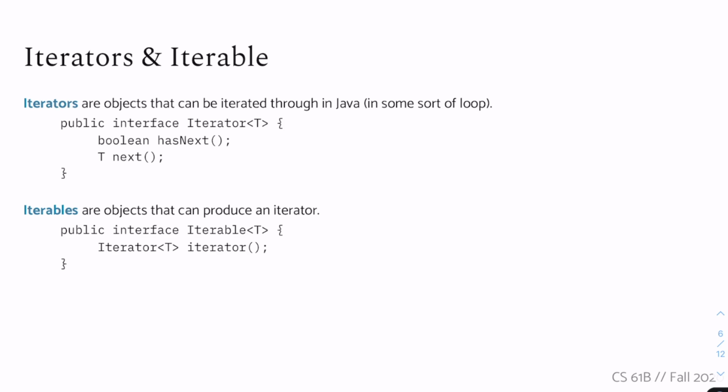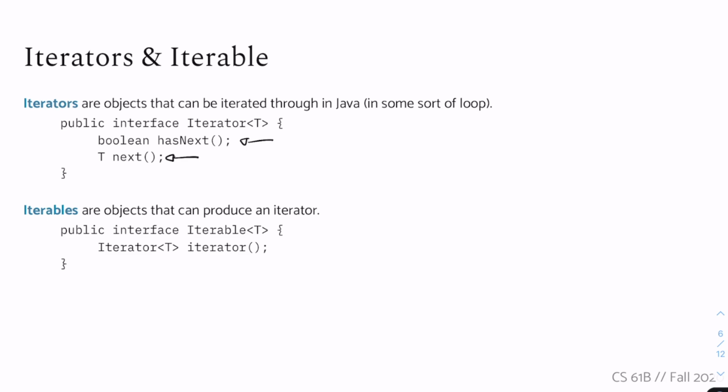There's Boolean hasNext, which will return true if there is another element to be returned, and false if there isn't, and next, which returns the actual next object if there is one, and throws an error if there isn't, usually. The next interface is iterables, which are objects that can produce an iterator.